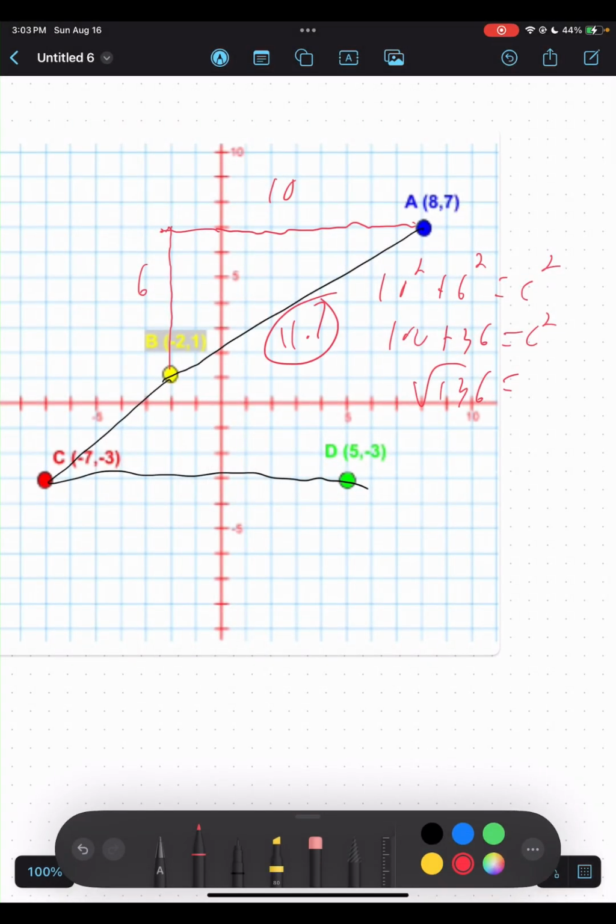All right, same thing over here. -2 to -7 is 1, 2, 3, 4, 5. And then 1 down to -3 is 1, 2, 3, 4. Like so. And so to find this, it's going to be 5 squared plus 4 squared equals c squared. 25 plus 16 equals c squared.